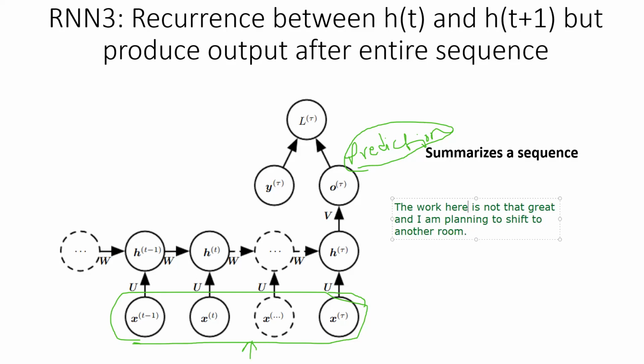Now I want to predict the next word. There are different models for that. I will just input one word and then predict the next word. I will input the, the network should predict work. I will input work, the network should predict here. I will input here, the network should predict is. And this is happening over time. So the sequence is there.